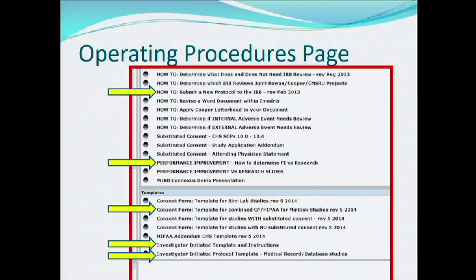For investigator-initiated research, as you're putting your studies together, we encourage you to use a Word document to start thinking about your research ideas, so that you have time to work with it. You're not putting it directly into the iMedris system. We've had people try to input information directly into iMedris, and sometimes it will time out and then you lose your information.